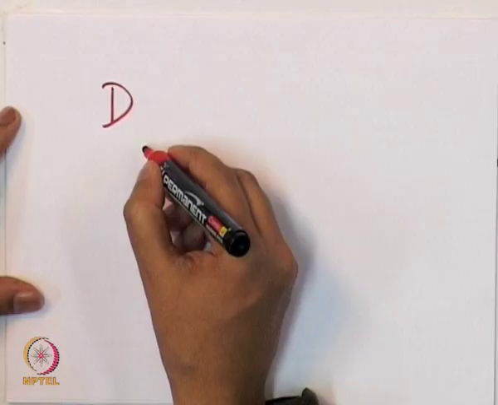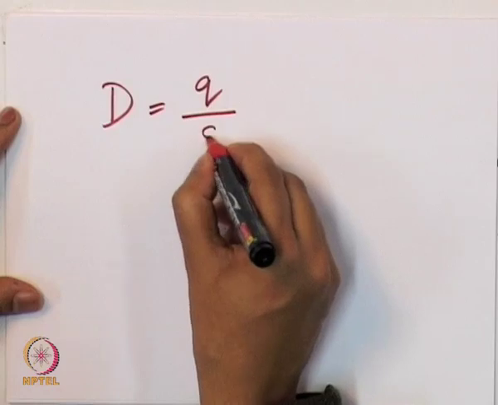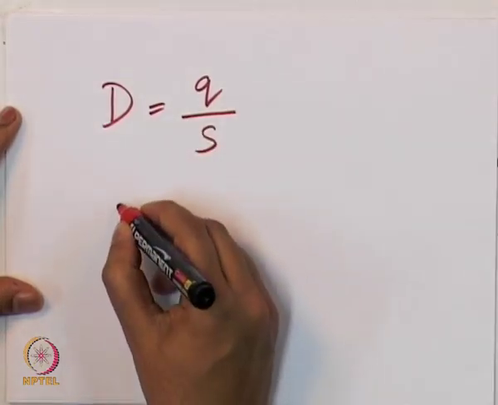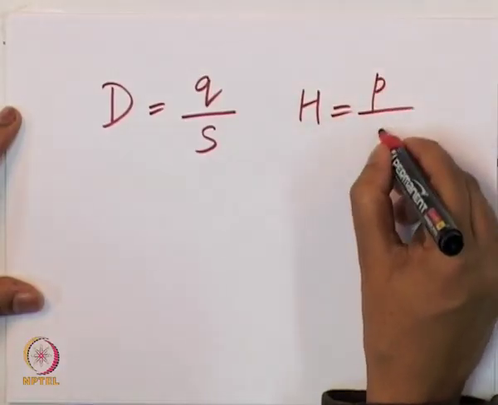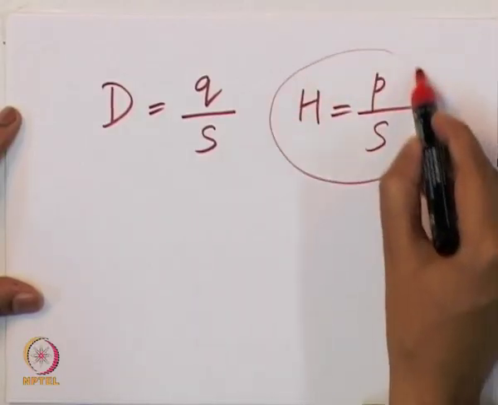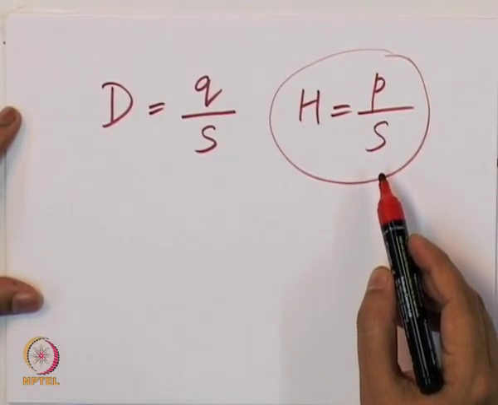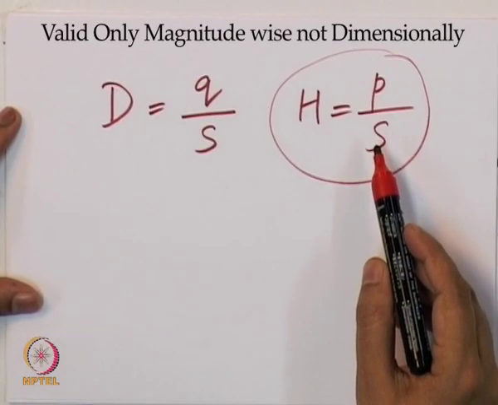Source variables are the ones which are directly related to electric charges and magnetic poles. In this case, they are going to be D, which is related to Q, and the value of H, which we said we can write as P divided by S. Of course, you have to exercise certain caution in doing that because this is only magnitude-wise equivalent.